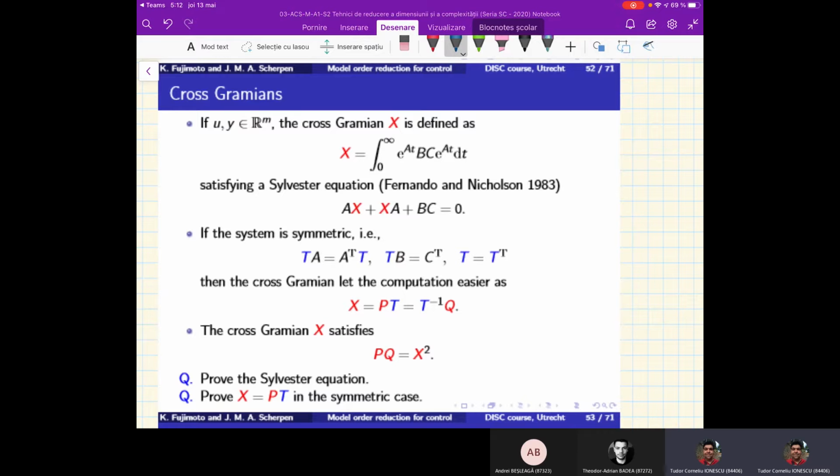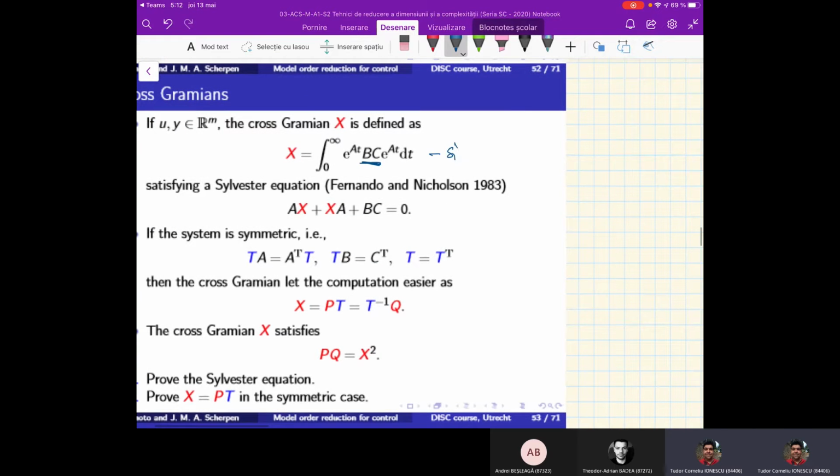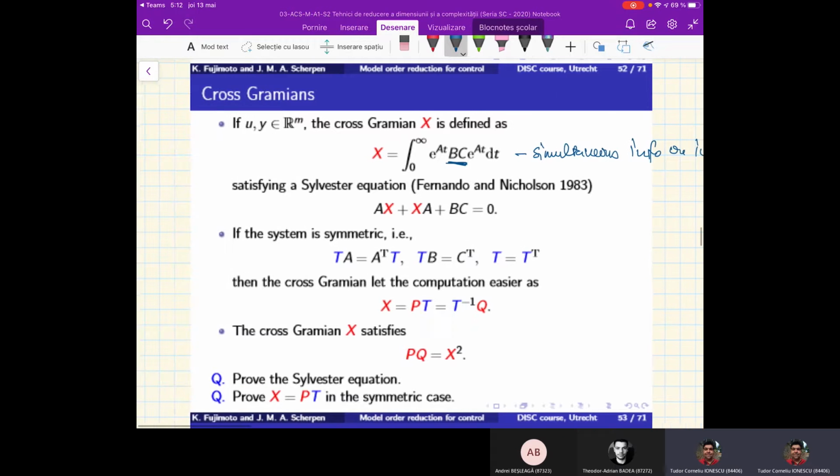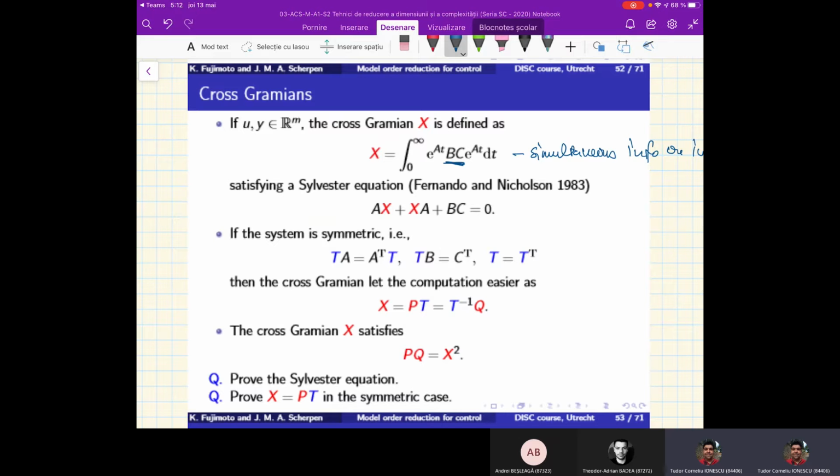If you notice, the cross-Gramian gives you simultaneous information on input and output. So this is like a mixed Gramian giving you information about the input-output mapping in one shot, in one quantity. It satisfies this general Sylvester equation.